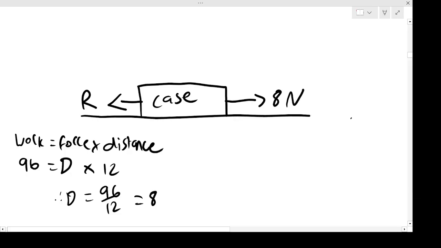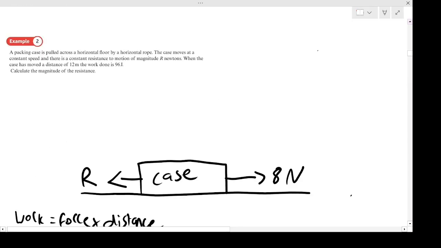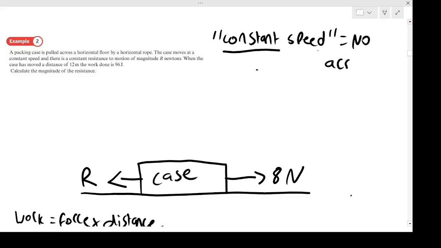But they want me to find the resistance force R. So what do we do here? We don't know really anything about R, right? Now there's a very specific detail here: they mention it's travelling at a constant speed. Obviously we don't know what the speed is, but that doesn't matter. What you do need to know is that whenever you see the term constant speed, it means there's no acceleration.